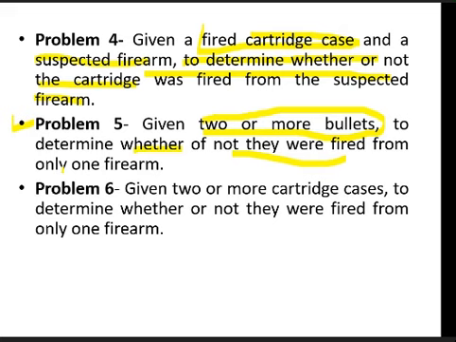So it's exceptional, right? So if there are many bullets with different calibers and different characteristics, it means there is more than one perpetrator. It could be more. Okay? By its purpose alone, to determine whether or not they were fired from only one firearm.